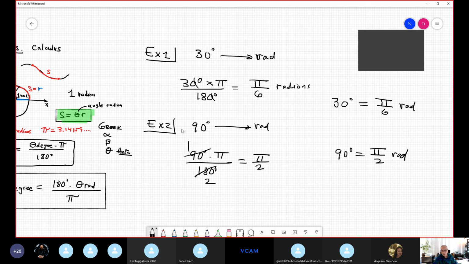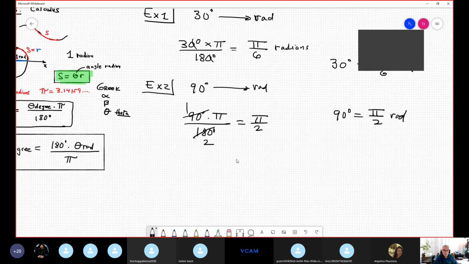Different units to express the same idea. Degree or radian. Degree is used in physics, in chemistry maybe, in science. And radian is used in calculus. That is the reason that we need to study both.